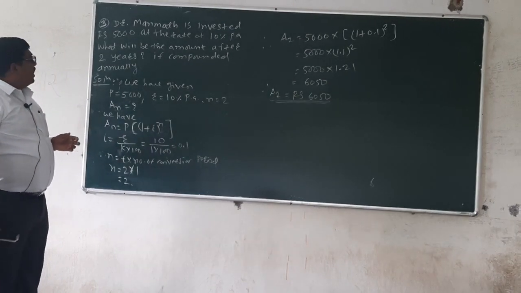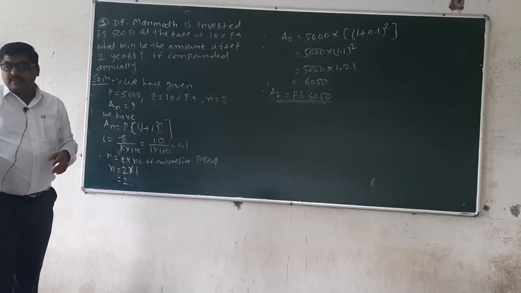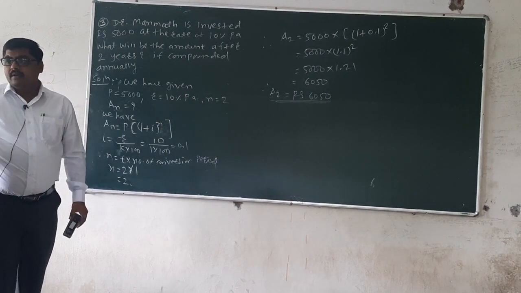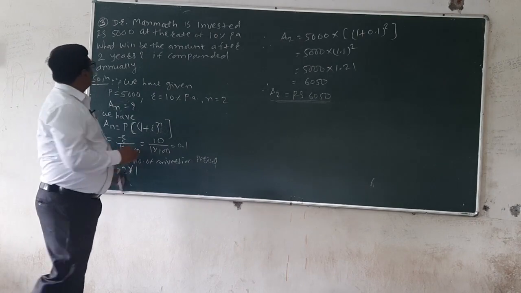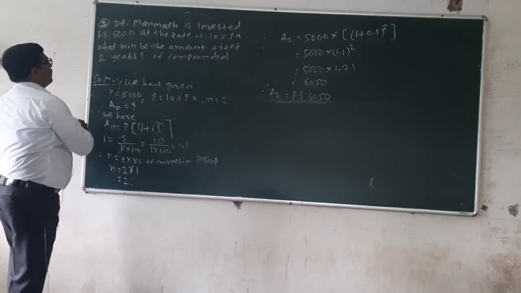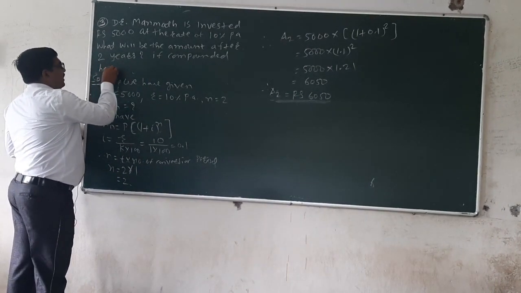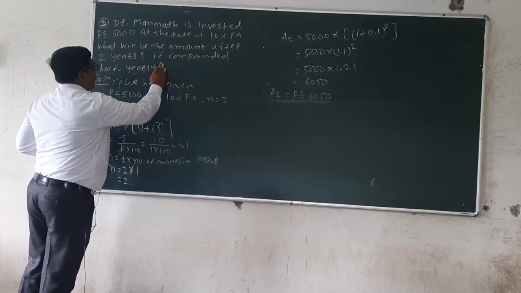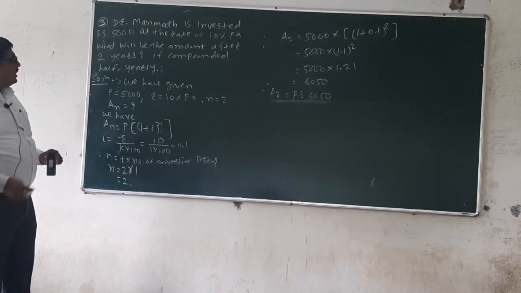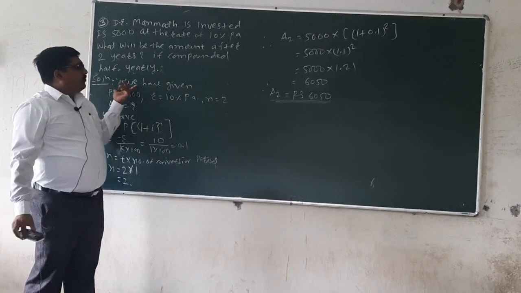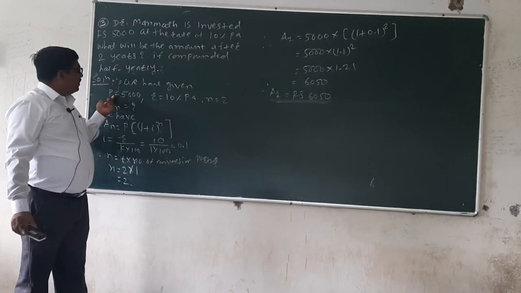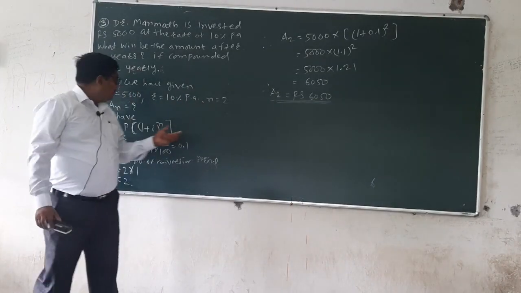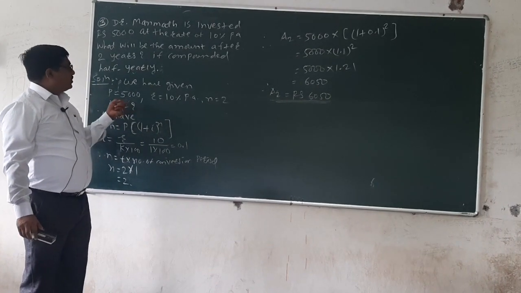What will be the amount after 2 years if compounded half yearly? Same solution: P is 5000, R is 10% per annum, N is 2, AN is what?